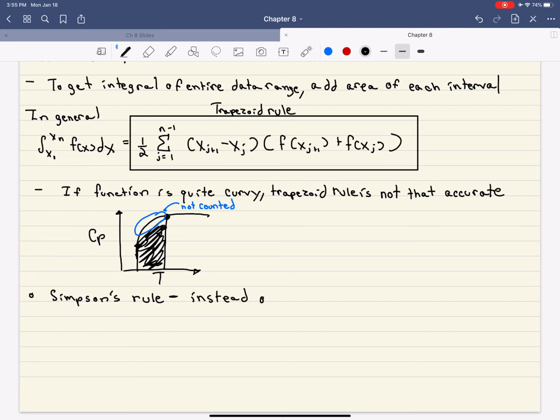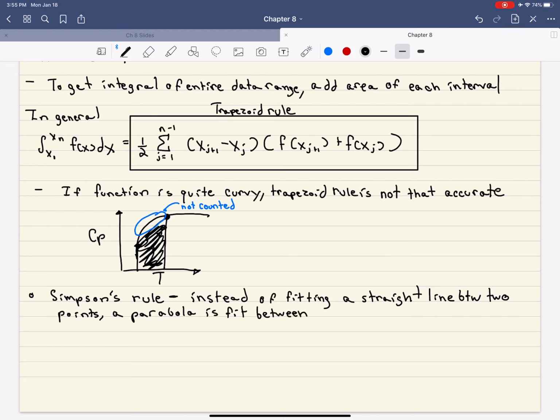So instead of fitting a straight line between 2 points, a parabola is fit between 3 points.